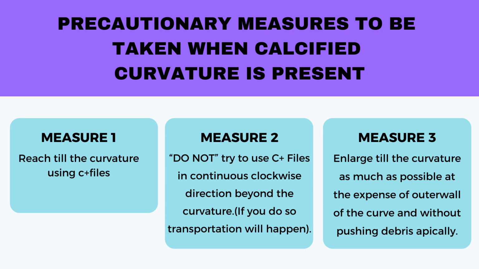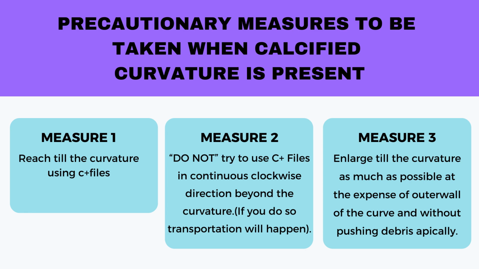So what I normally do is enlarge the canal till the curvature by doing a circumferential filing on the outer wall of the curvature. Thereby the canal curvature is almost straightened.